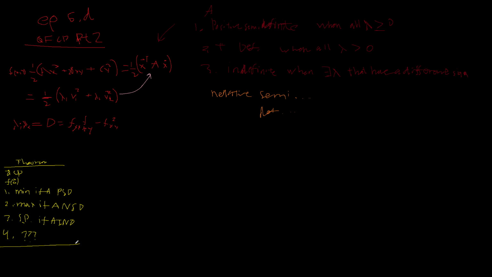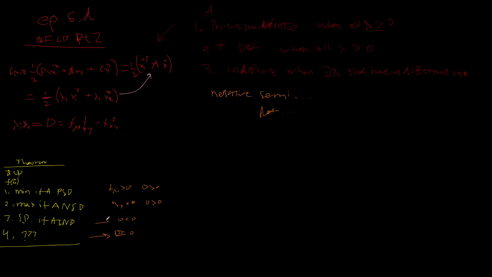If you recall, when I talked about the second derivative test, we had those rules. We had f_xx greater than 0 and D greater than 0, the minimum. f_xx less than 0 and D greater than 0, the maximum. Here D is less than 0, and here D equals 0.